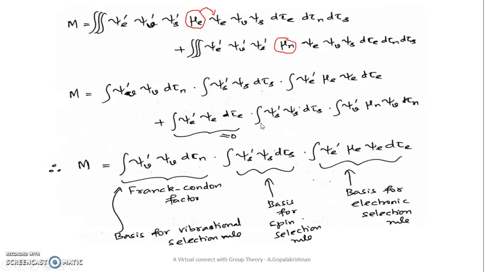Then the third one is very, very important, electronic selection rule. What is electronic selection rule? Listen, this is the electronic part of the integration. This integral will be non-zero only if the direct product of these three belongs to the totally symmetric irreducible representation. Am I right?